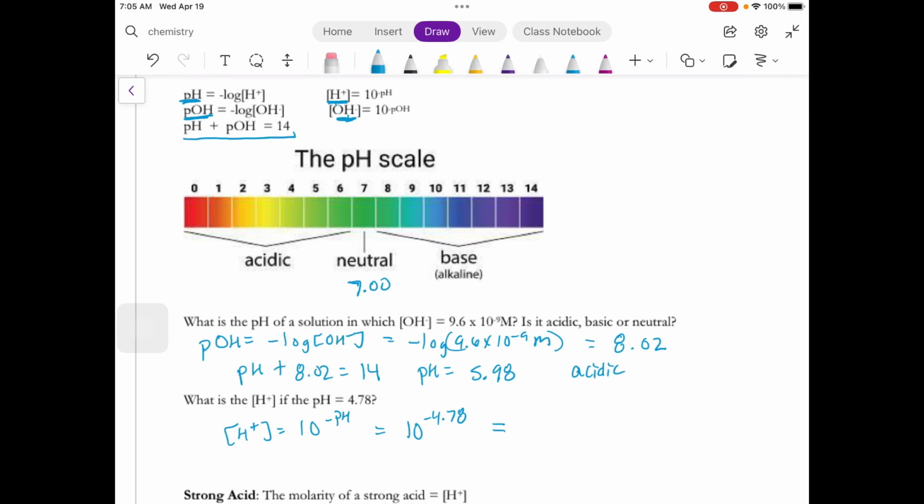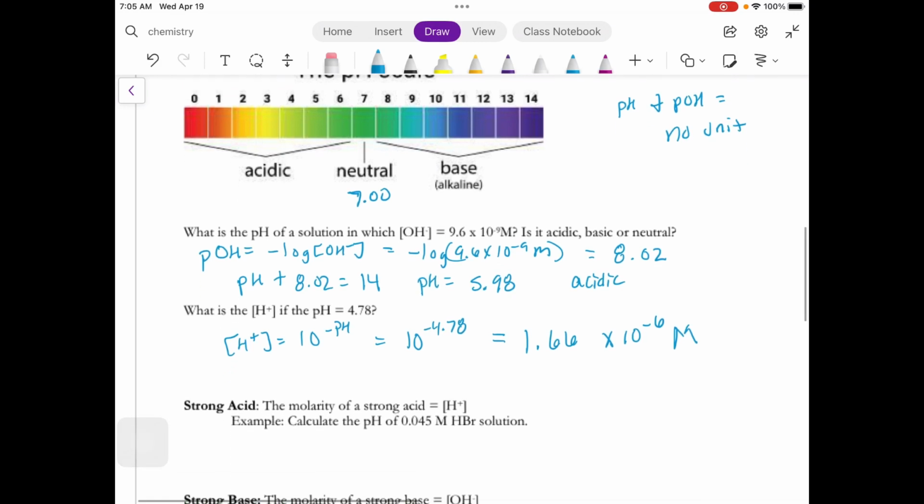Just use the caret button. And I get 1.66 times 10 to the negative 6. I have a concentration again, so I have a unit of molarity. pH and pOH have no unit at the end.